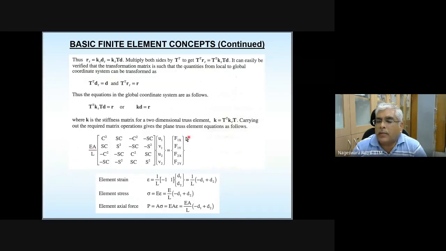Using this equation, you assemble the element equations for all the elements in a particular problem, assemble the global equation system, get the nodal values and convert them into local values. Once you convert them into local values, you know how to find strain, stress and axial force.